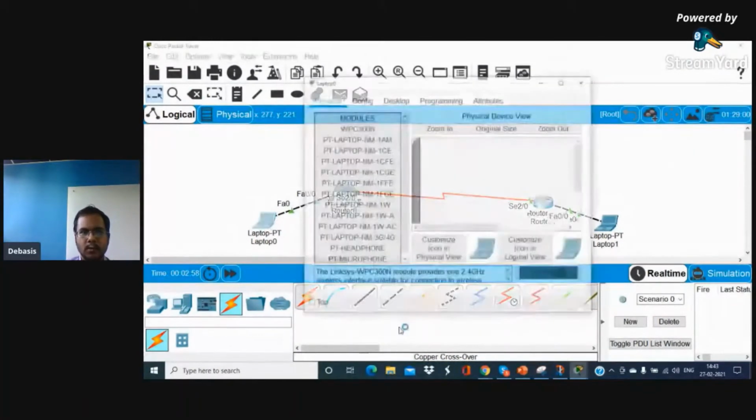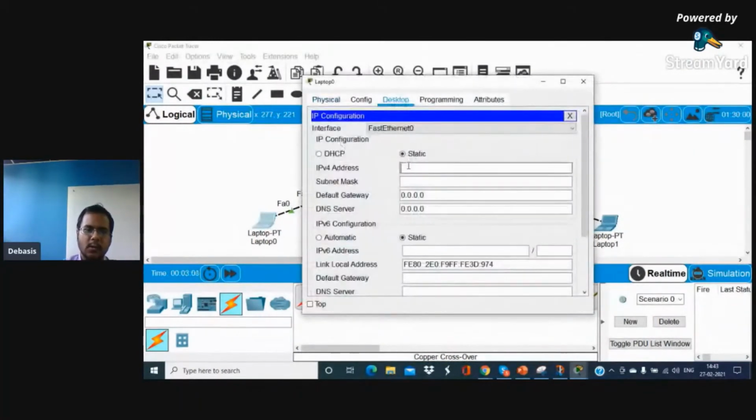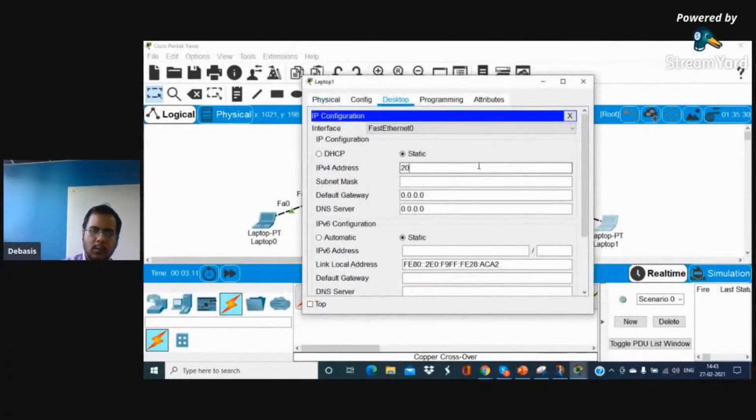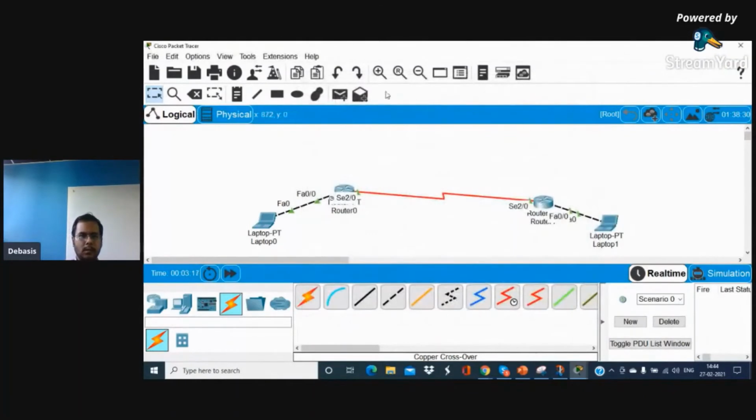You can also give the IP address to the PCs, 10.0.0.2 with gateway 10.0.0.1, and 20.0.0.2 with gateway 20.0.0.1, and you can send packets. Good. So static routing is working.